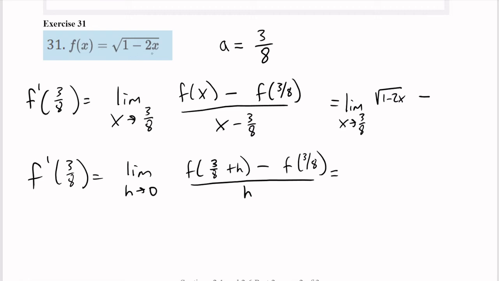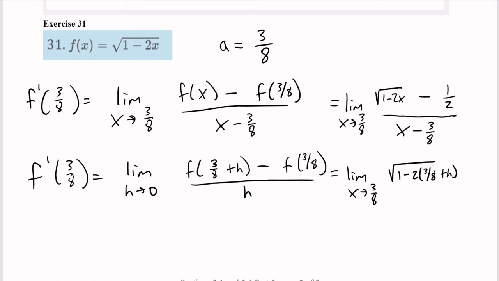Okay, so that's 2/8, which is 1/4, and so the square root of 1/4 is 1/2, over x minus 3/8. And then this one would be the limit as h goes to 0 of the square root of 1 minus 2 times 3 over 8 plus h, minus 1/2, over h.